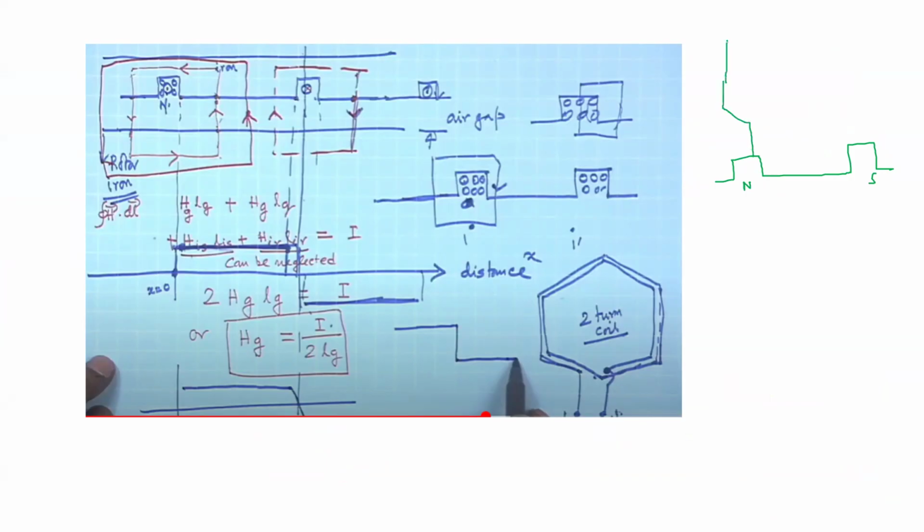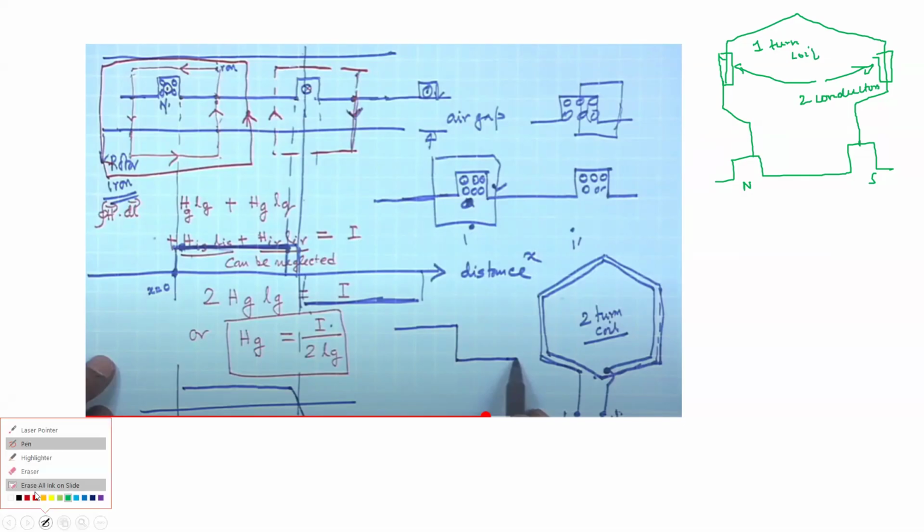Like this, and for each coil we have two conductors, if it is a one turn coil, remember.